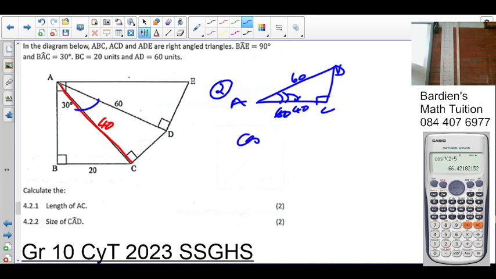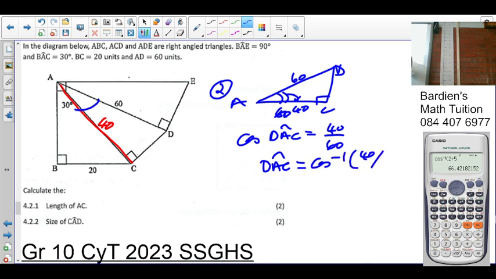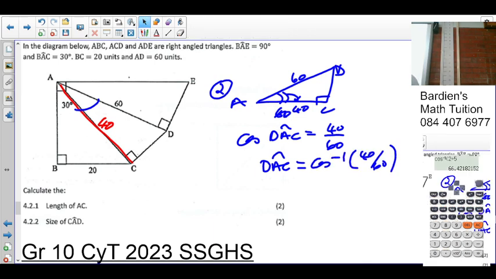Cos. So cos of DAC is equal to adjacent, which is 40 over 60. So DAC is equal to arc cos of 40 over 60. Arc cos of 40 over 60. 48 comma 2.